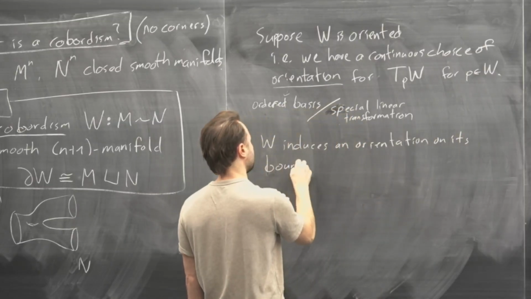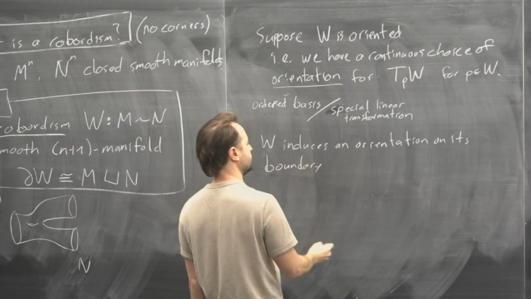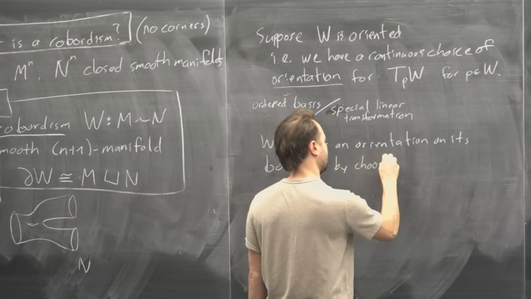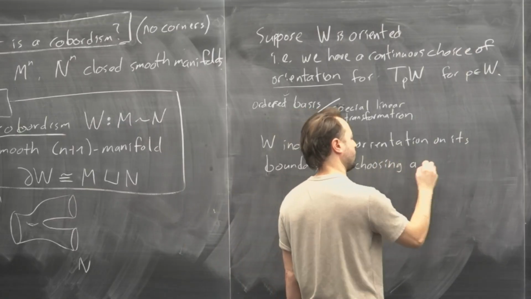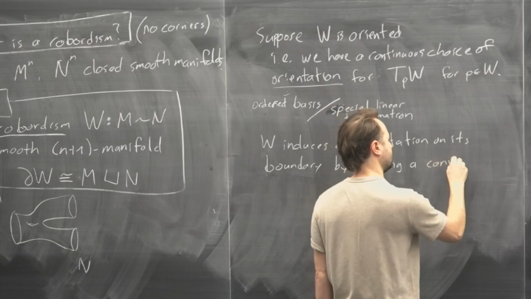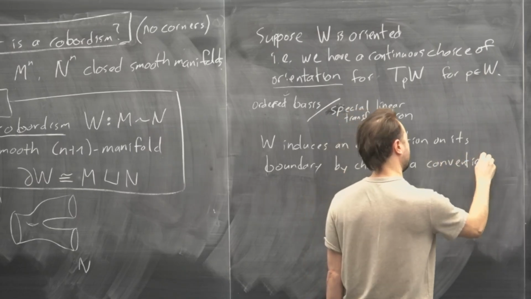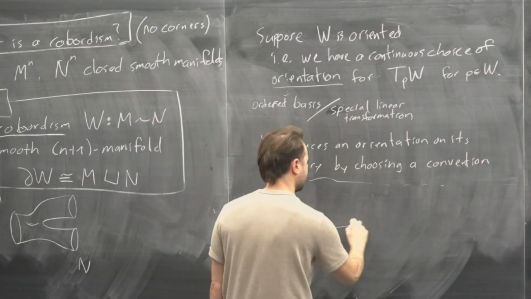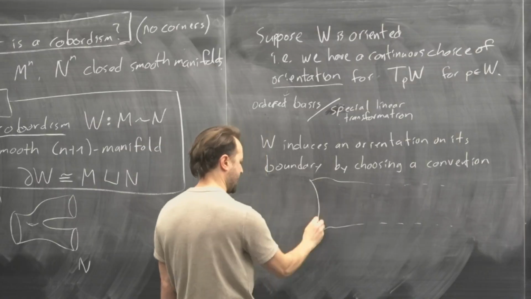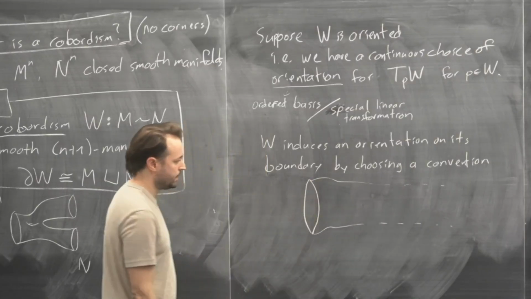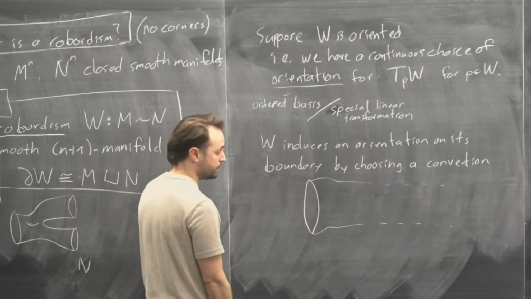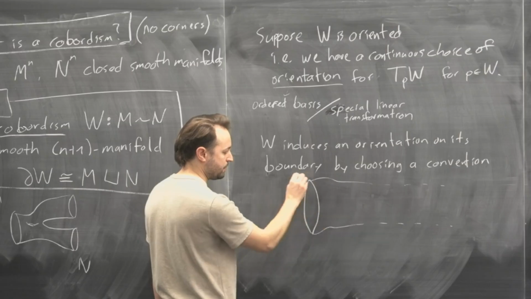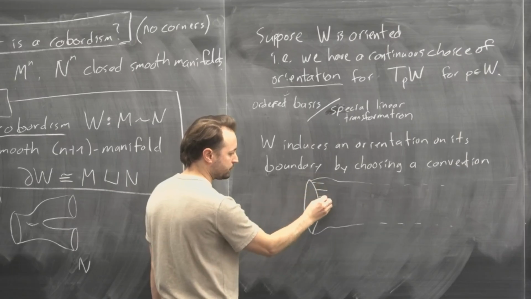But not really canonically, you have to make a choice of convention. Picture: suppose W extends out this way. Here's your M. In differential topology, you have a collared neighborhood theorem that says that if you have the boundary of a smooth manifold, then its normal bundle is trivial.